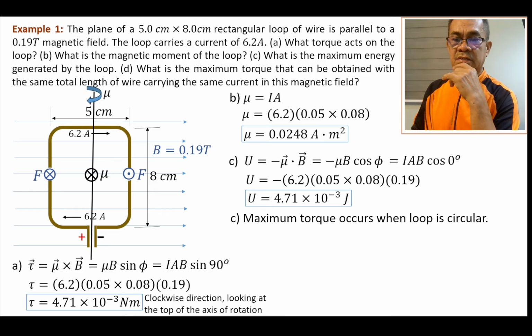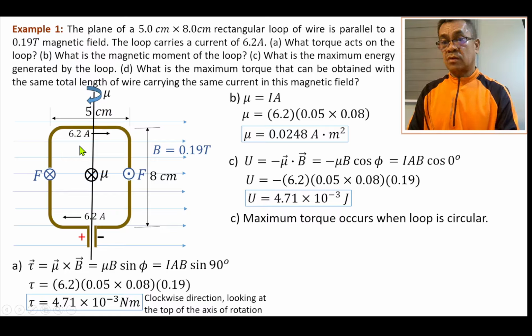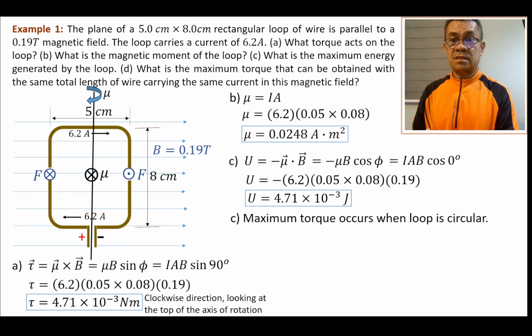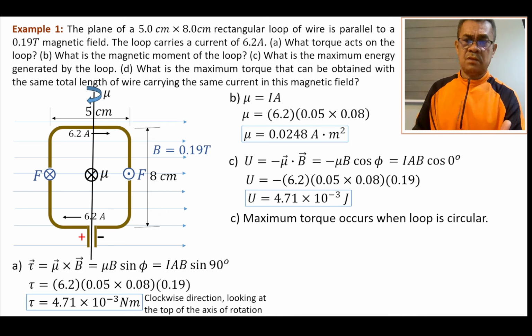So meaning to say that we will change the rectangle to a surface that can provide the greatest torque. So what do you think? What will be the surface? Is it a square? Is it a triangle? Or is it a circle?